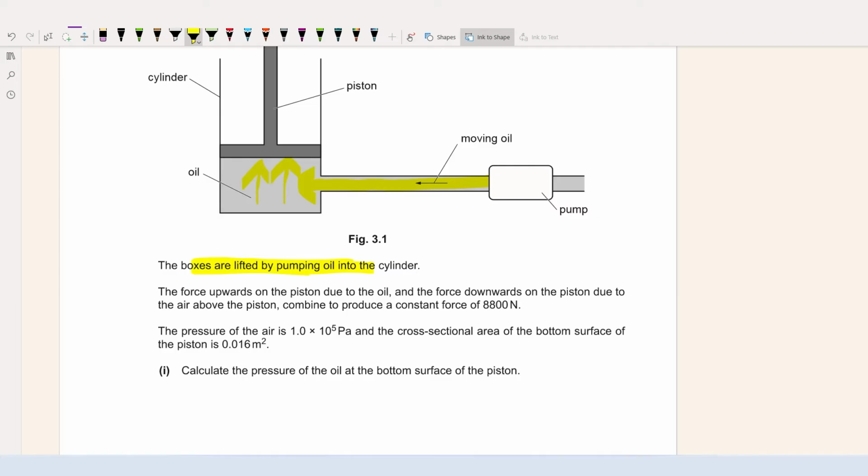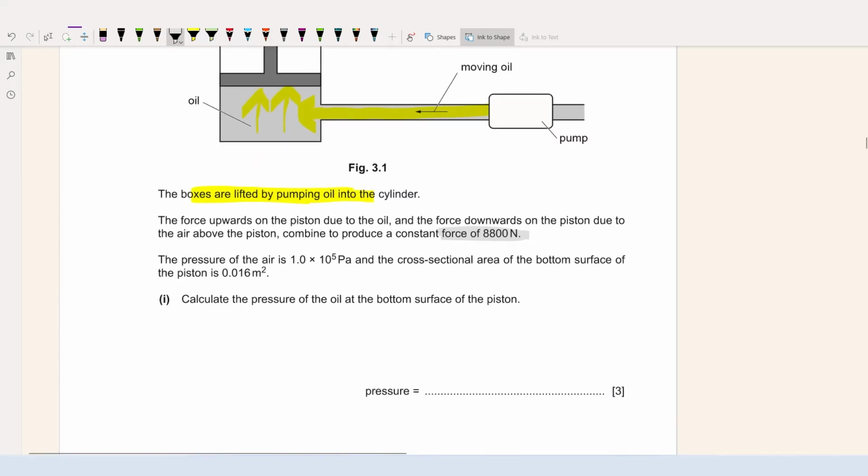The force upwards on the piston due to the oil and the force downwards on the piston due to the air above the piston combine to produce a constant force of 8,800 Newton. The pressure of air is 1.0 into 10 raised to power 5 Pascal. And the cross-sectional area of the bottom of the surface is this.